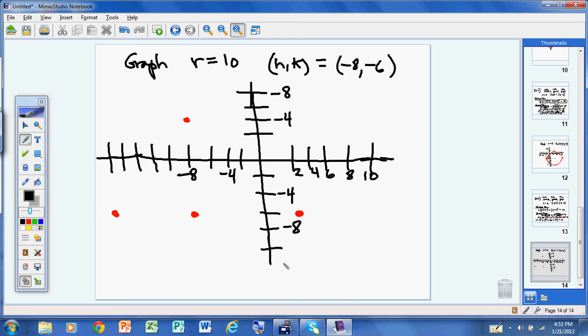And 2, 4, 6, 8, 10 would be down here. Usually when the graphs get really, really big, this is how they handle that. They count by 2's instead of 1's.